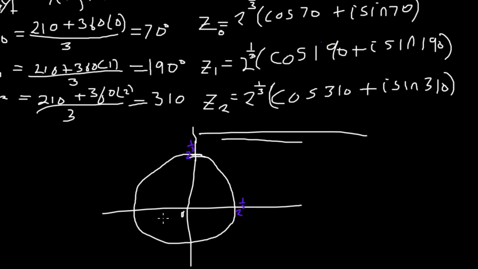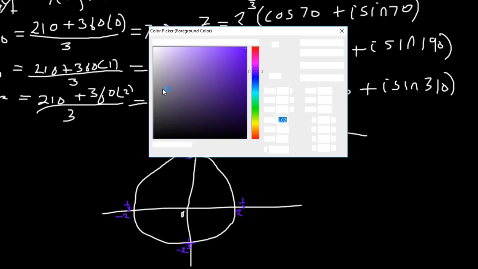I move on here, I have negative 2 to the power 1 over 3, like that. Even this side, negative 2 to the power 1 over 3, like that. So after writing that, we can now start drawing our complex numbers.